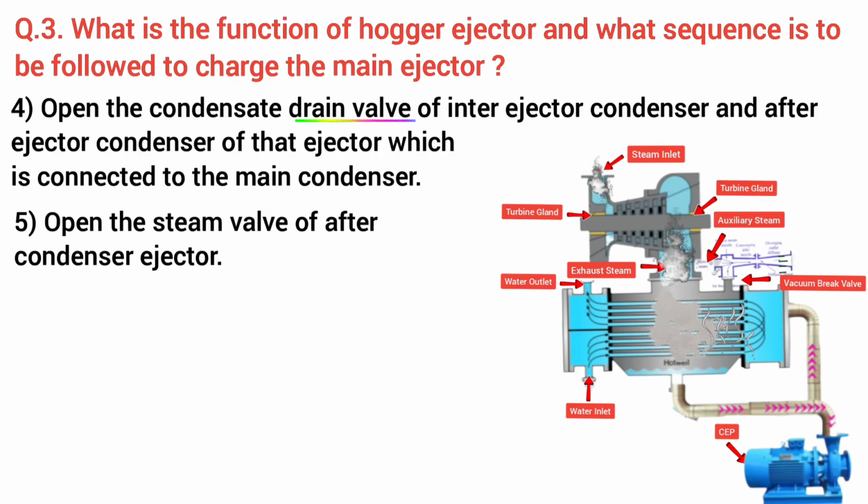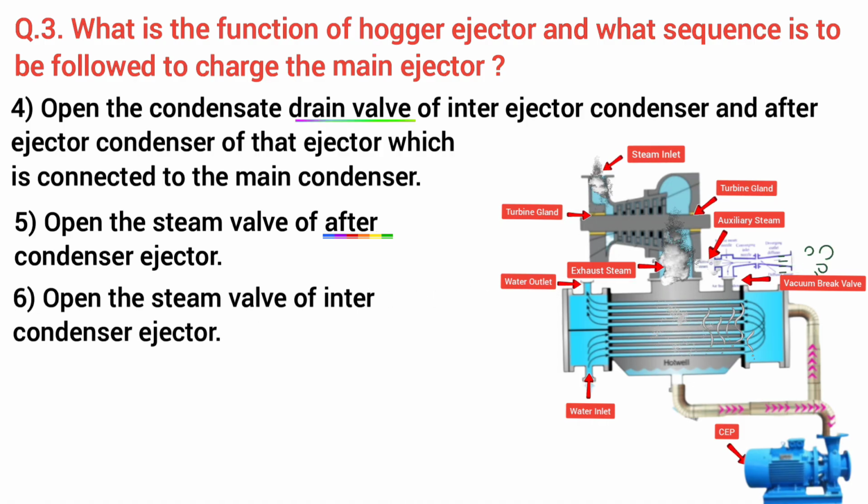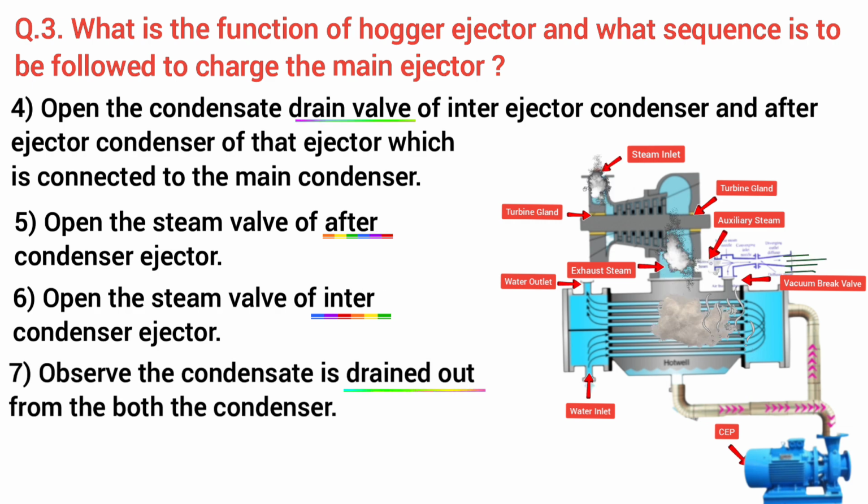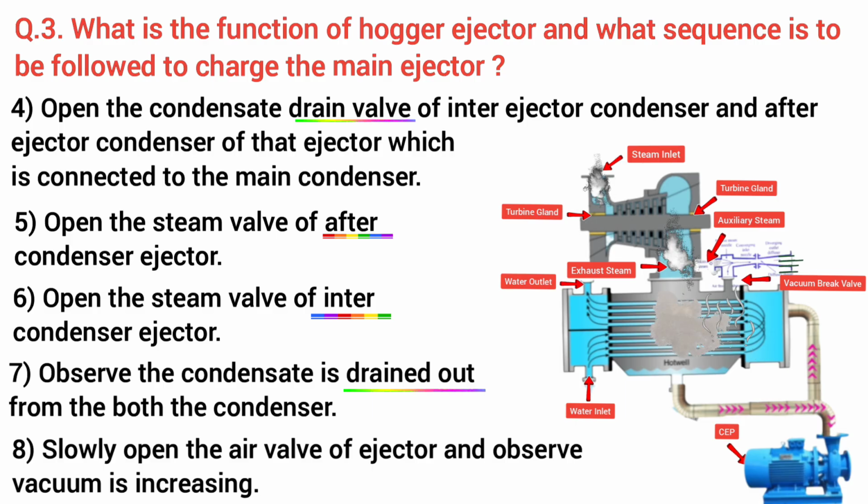Open the steam valve of the after-condenser ejector. 6. Open the steam valve of the inter-condenser ejector. 7. Observe the condensate is drained out from both the condensers. 8. Slowly open the air valve of the ejector and observe vacuum is increasing.